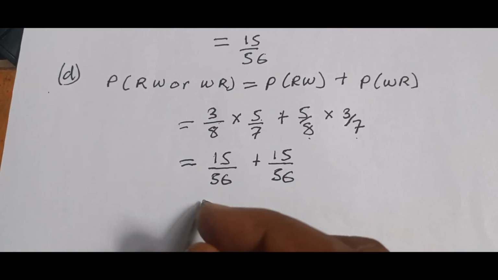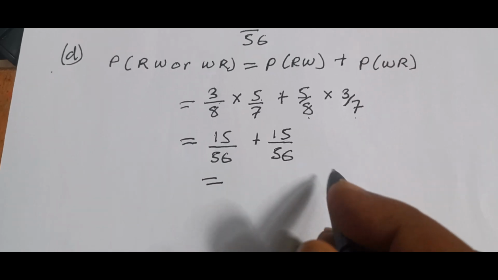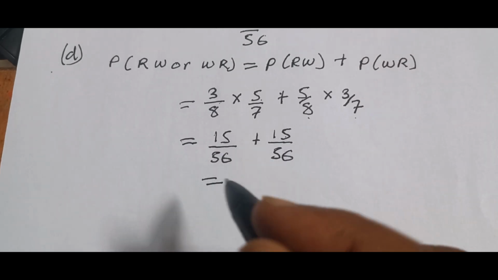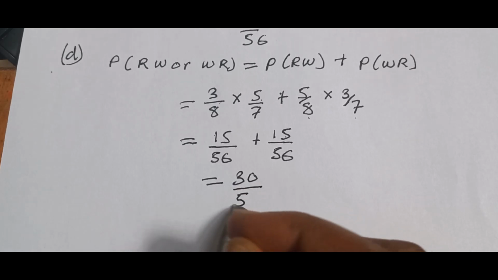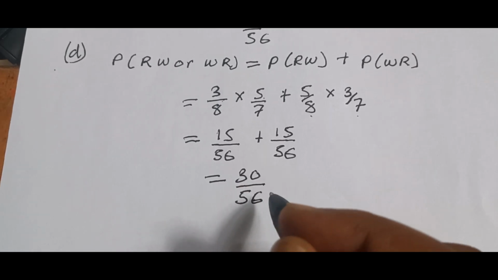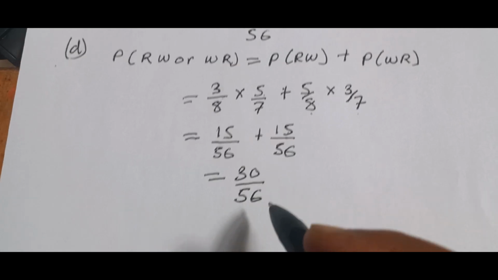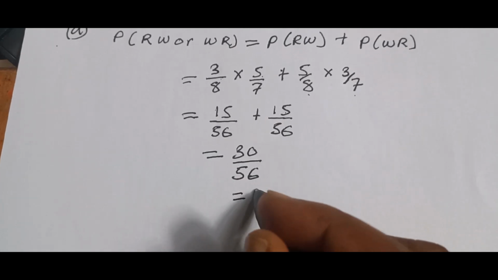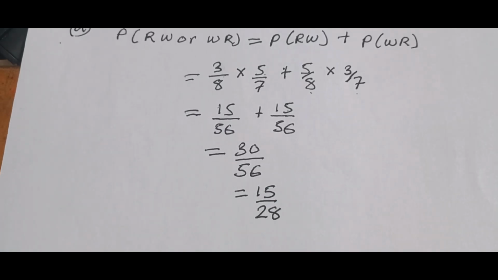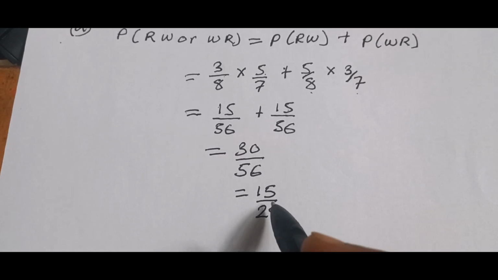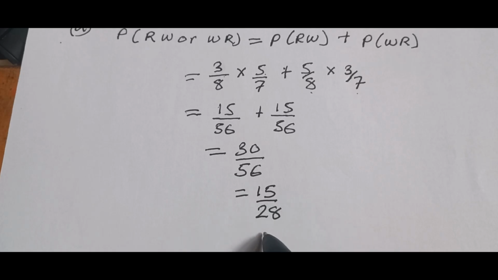This is the same as writing, we know 15 plus 15 equals 30 over 56. Doing cancellation, we get 15 over 28. Therefore, the probability that one is red and the other is white is 15 over 28.